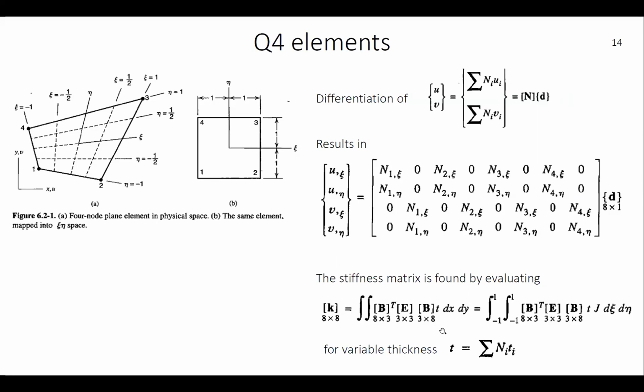In the global domain, we integrate over dx dy, but now instead we have the mapped domain, which we integrate from -1 to +1 in the two directions, and we have the Jacobian here that we have also defined. In case you have a variable thickness over the element, you can use the shape function to interpolate that as well. But for most applications, I would say that you have a constant thickness.